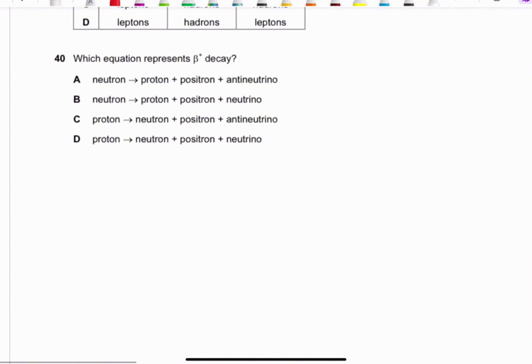But question 40, which equation represents beta plus decay? Here's my trick. Whenever you see the word beta plus, beta plus decay basically means positive, and beta negative is basically negative.